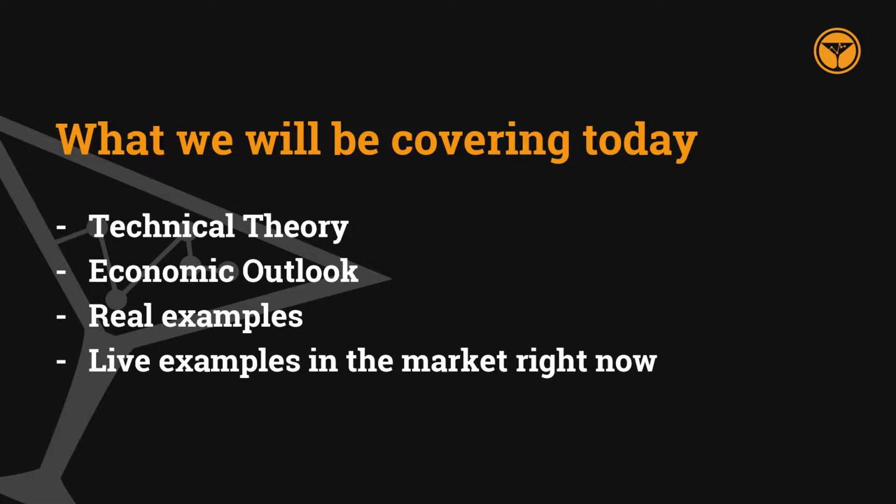And then we're going to look at some real examples of how to recognize change of trend in the market itself, reading price action, and some live trades. We've actually got a live trade on this week, so we'd like to talk about why we got into that and all of our thought processes about how we got into that trade.